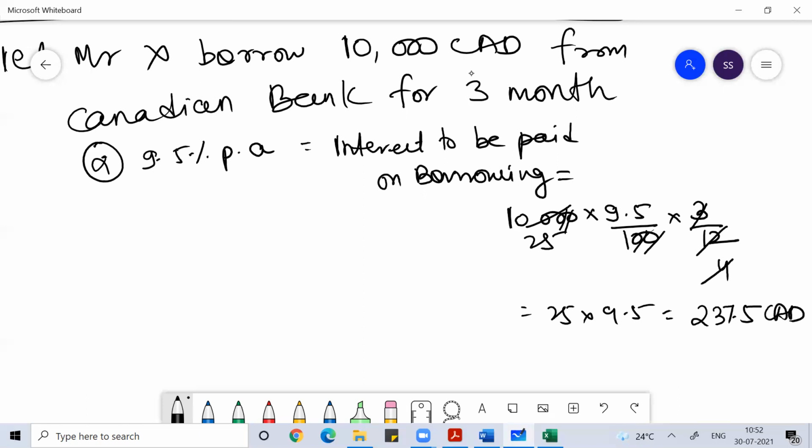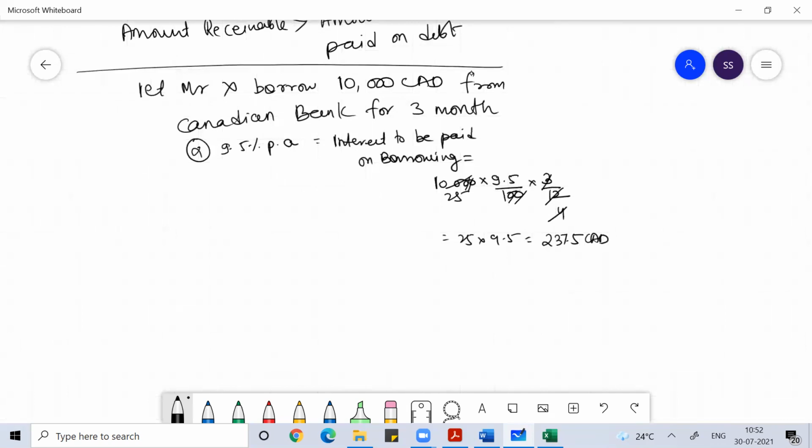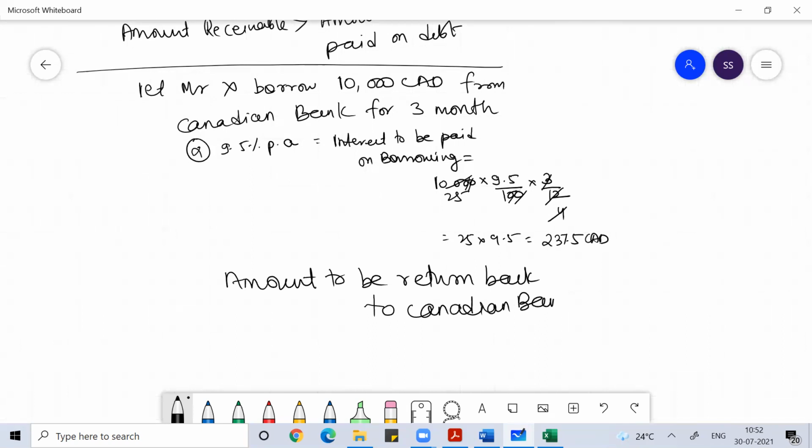So the amount to be returned back to the Canadian bank after 3 months will be 10,237.5 Canadian dollar. Correct, everyone? Any doubt?